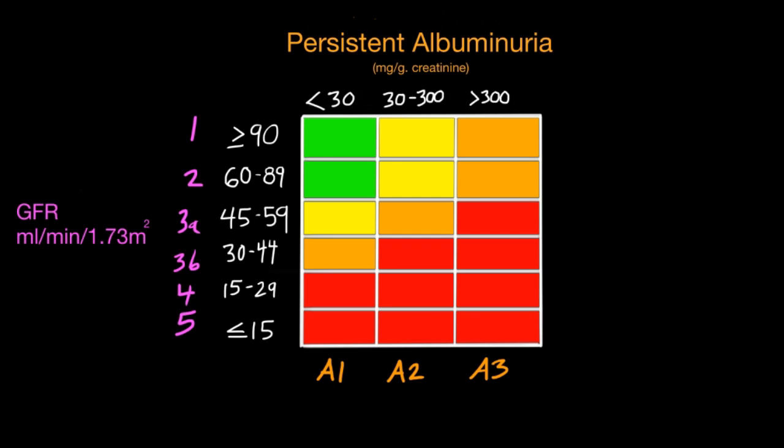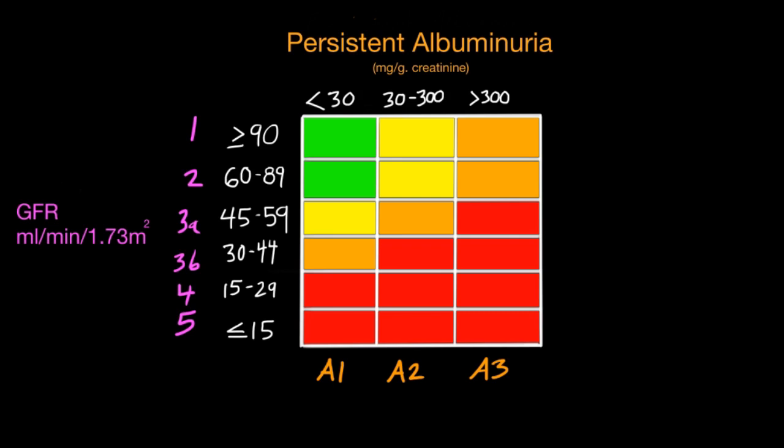If it's between 30 and 44, it's 3B. 15 to 29 is stage 4, and if it's less than or equal to 15, we call that stage 5. Next, we care about how much albumin is being spilled into the urine. If there's less than 30 milligrams per gram, we call that stage A1. If there's 30 to 300 milligrams, that's A2. If it's greater than 300, that's A3.